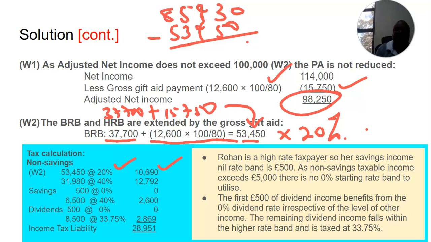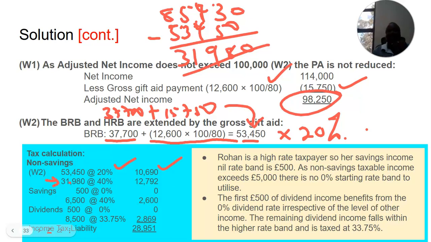So it means that there is now 31,908, and this is the figure we are talking about.